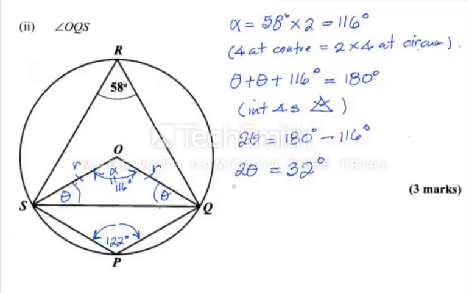Let's divide both sides by 2. So theta, which is angle OQS, would be equal to, all right, sorry, made an error here. This should be 64. Getting ahead of myself.